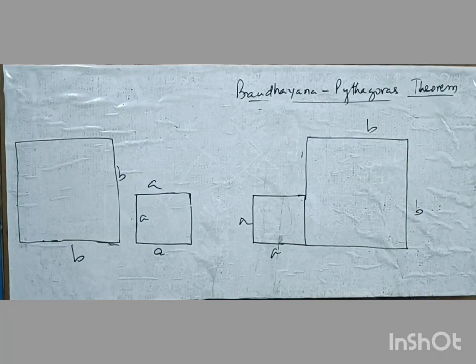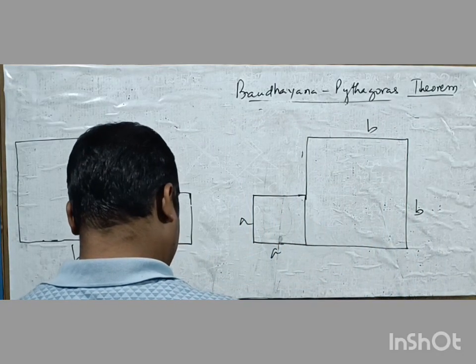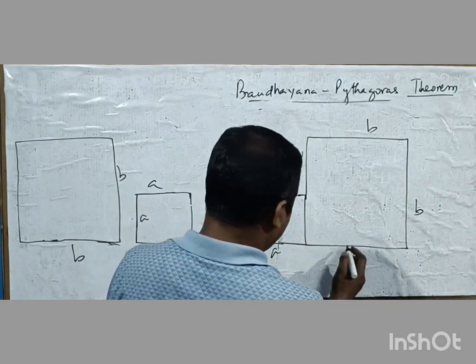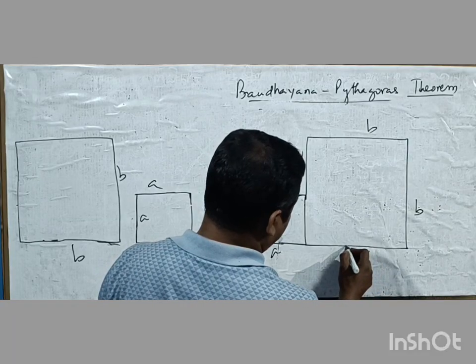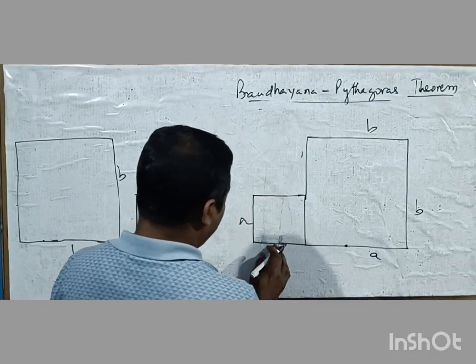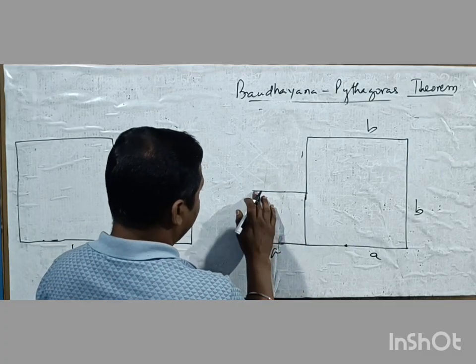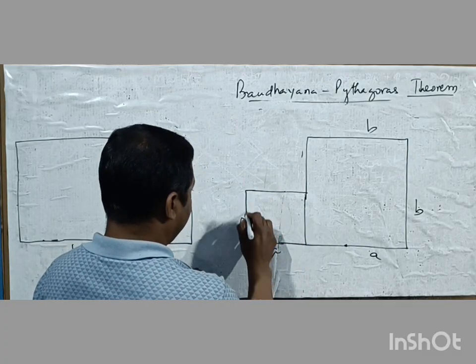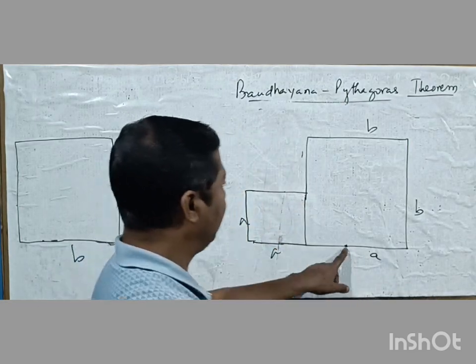So in what way, if I am taking this A here, suppose this amount I am taking here. Okay, this A I am taking here.